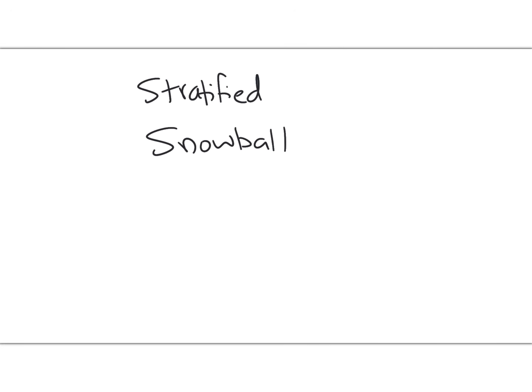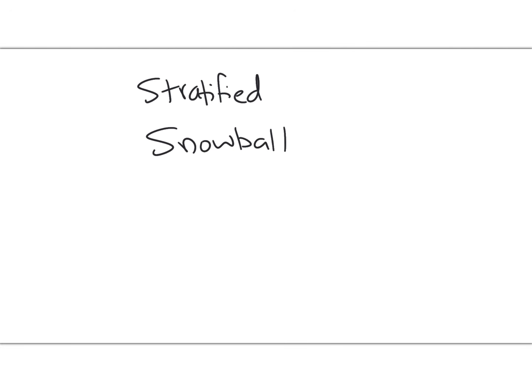I said that there were two other sampling methods which are not very important, but if you wish to use them in paper 2, you can. One is stratified sampling, also known as quota sampling, and the other is snowball sampling. Stratified sampling is that you set quotas or strata and you select a certain number of people from each stratum.